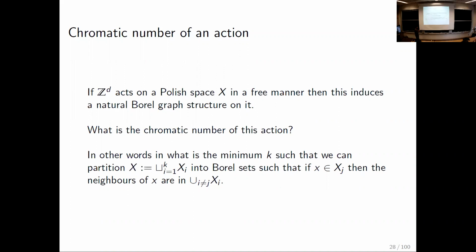If I want a coloring, then I would like to break the space into different parts, such that if a point belongs to one of these parts and I apply one of the unit vectors on this point, then it will belong to the complement. This is just saying that adjacent colors are distinct.